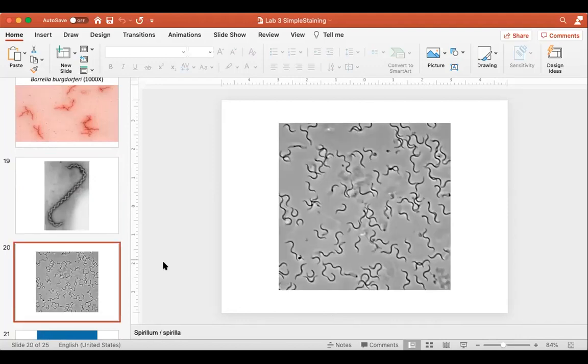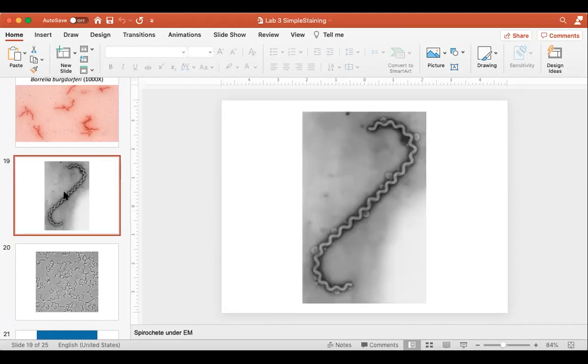On this slide, these are the shape that we call spirilla. Spirillum is how you say one, and spirilla is the plural form of this word. Notice this shape is also curved, but there's only one or maybe two twists in each cell, unlike these, which have many, many twists per cell.